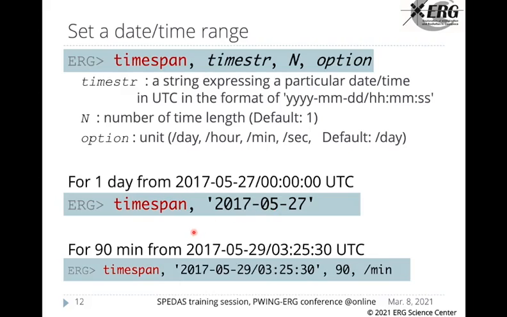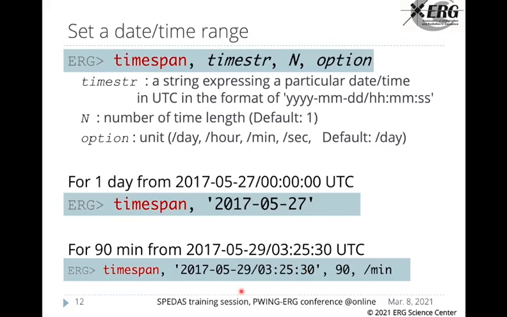Well, you can set a time and date range in more detail by typing like this. For example, time span May 29th, 3:25:30 UT, and 90/min, which means a 90 minute period from this date and time.